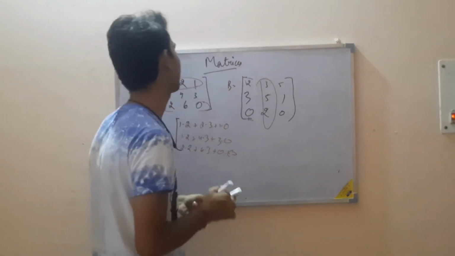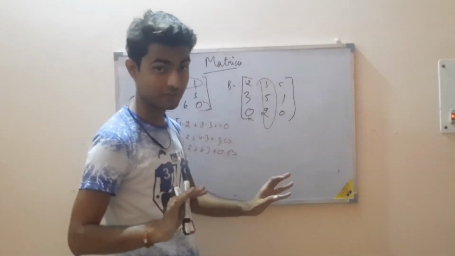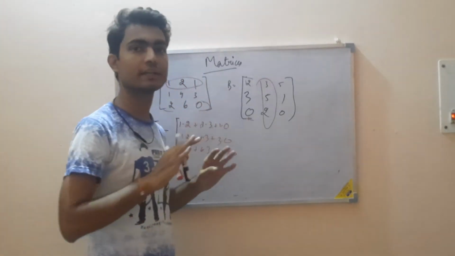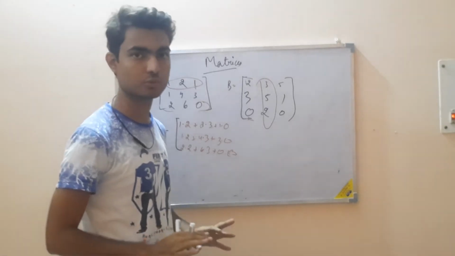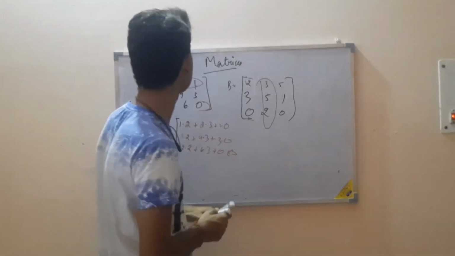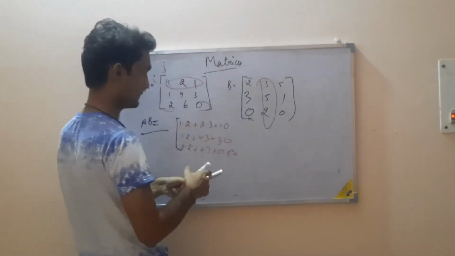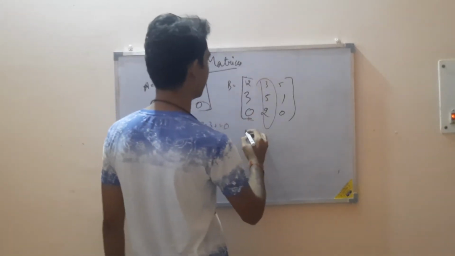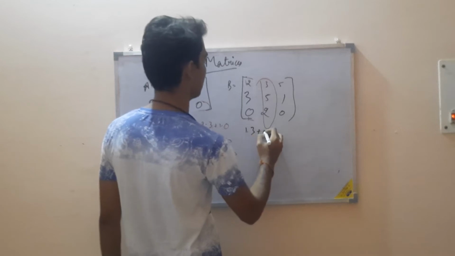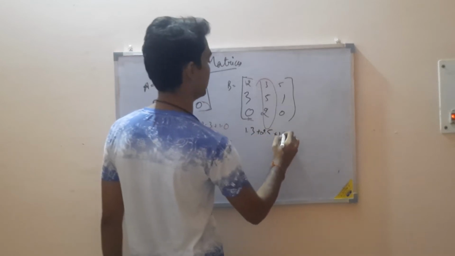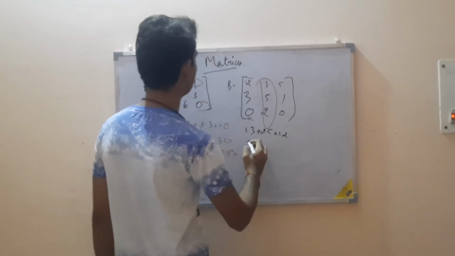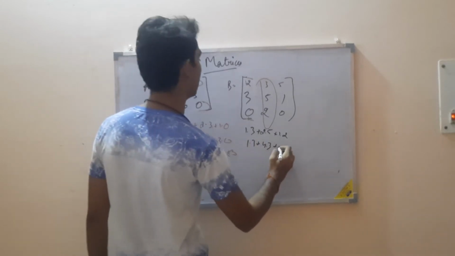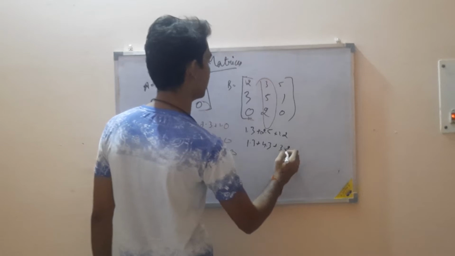Writing the complete process, don't give up in between. It's obvious that it's a 3 cross 3 matrix, so multiplication will take some time and your efforts too. So it will be 1 into 3, 2 into 5 plus 1 into 2, 1 into 3, 4 into 3, 3 into 2.